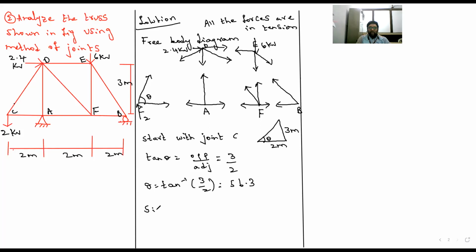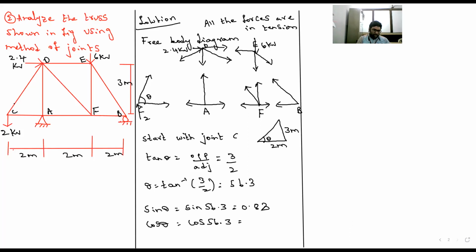Now write down what is sine theta. Sine theta is equal to sine 56.3, and cos theta is equal to cos 56.3. Sine 56.3 is 0.83.